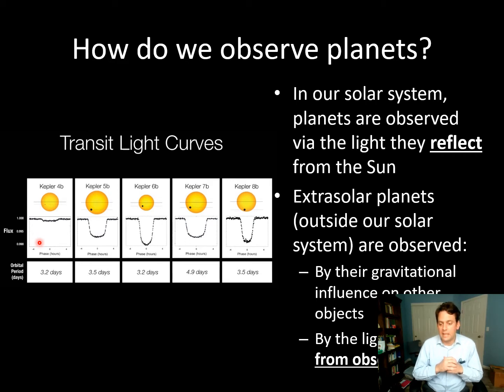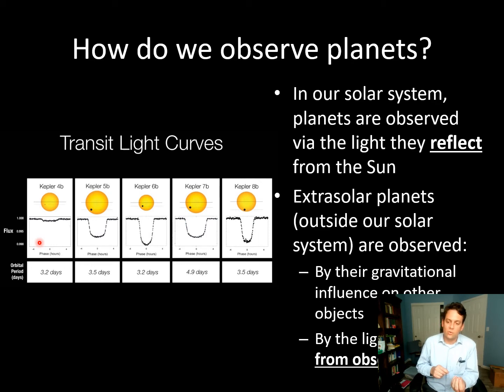So if a planet is orbiting a star, we usually think, and even I just said, the planet orbits the star, right? Strictly speaking, and we'll talk about this in more detail in the next couple of weeks, the star is not actually perfectly still in space.